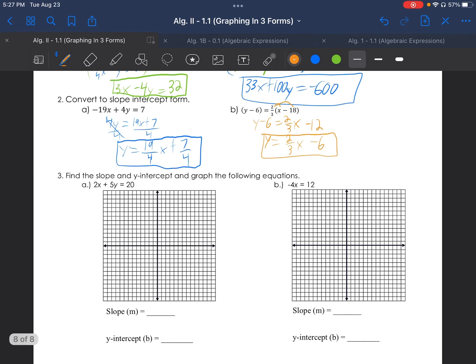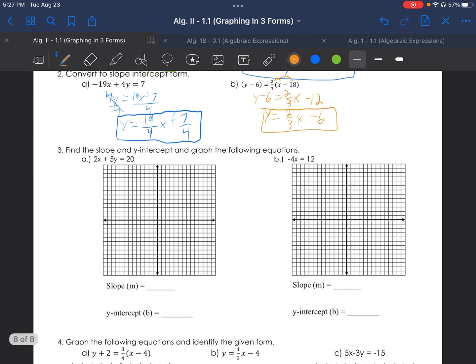On examples 3, A and B, we find the slope and y-intercept and graph the following equations. So A, 2x plus 5y equals 20. We need to get it in the y-intercept form or slope-intercept form, so we'll have to do the same thing we did on number 2.